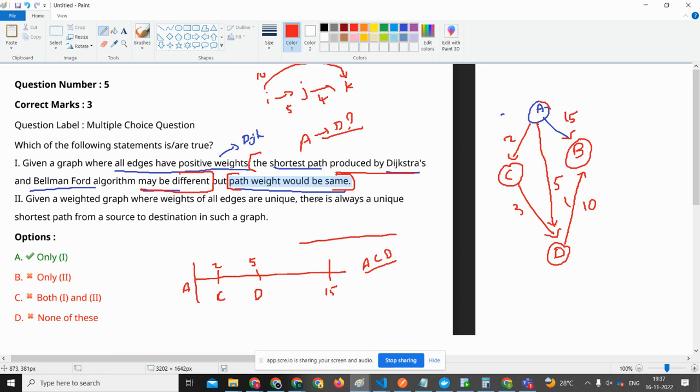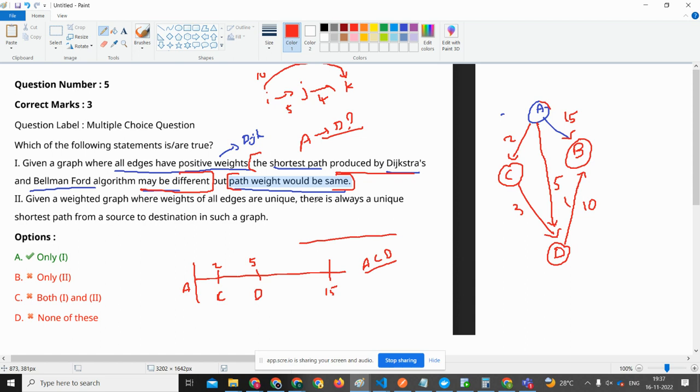If you're able to reach D in two ways, one way taking 15 seconds and the other way also taking 15 seconds, Bellman-Ford will take the most updated, most recent one, whereas Dijkstra should have taken the first one because it's a greedy strategy. That's the main crux of this statement.